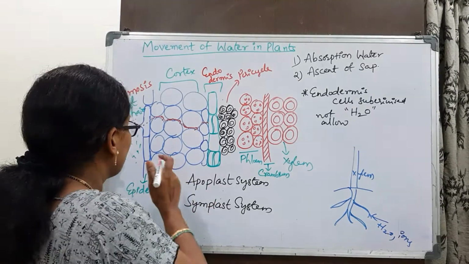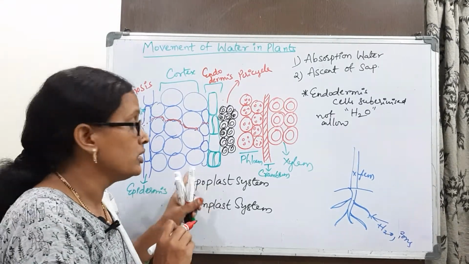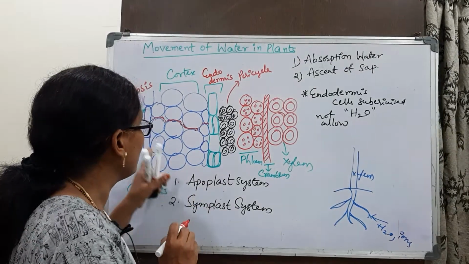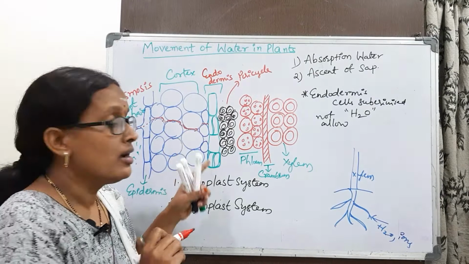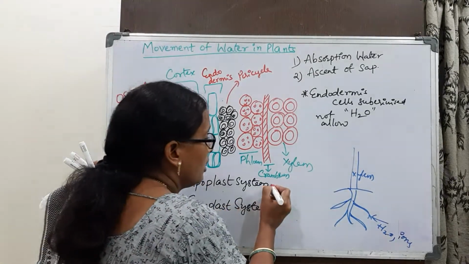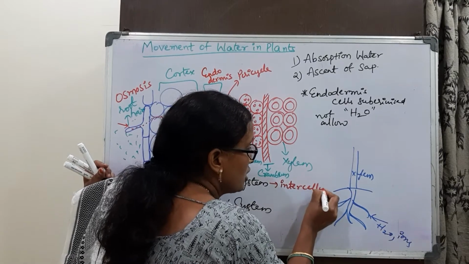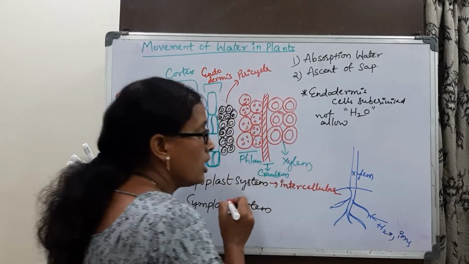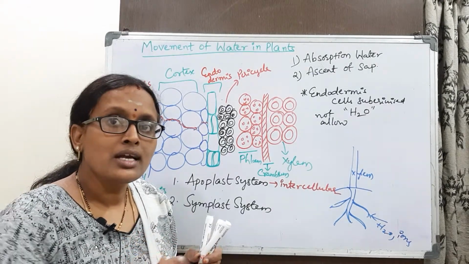In the apoplast system, water is moving along the adjacent cell walls, through the intercellular spaces.